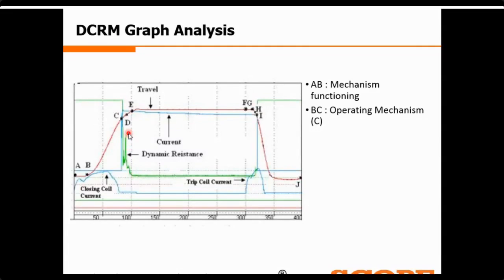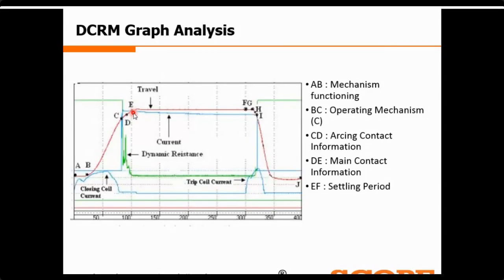At point D, the main contact will close and the contact resistance reduces further. However, there may be some bounces at the time of contact touch. So the main contact insertion will continue till point E, where the circuit breaker will be in fully closed condition.